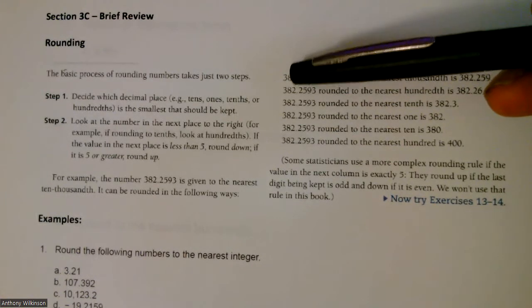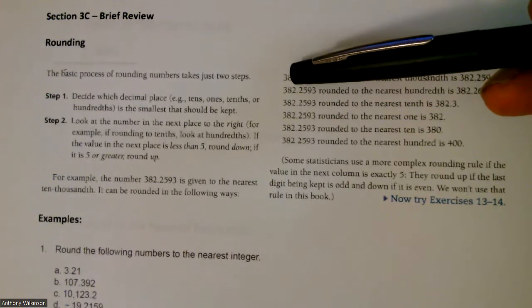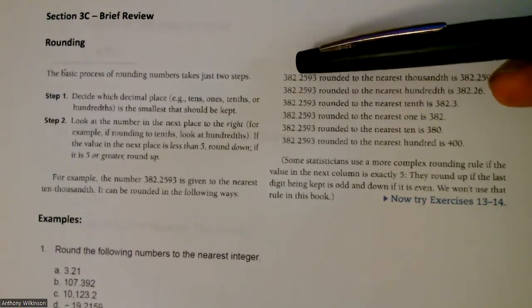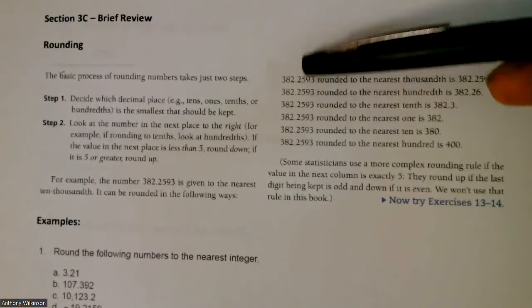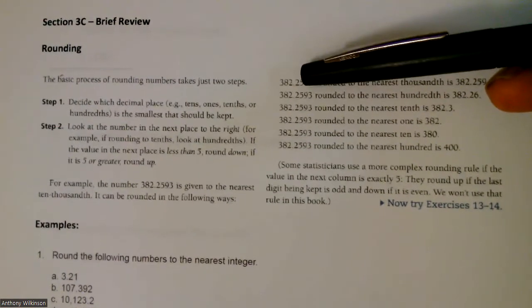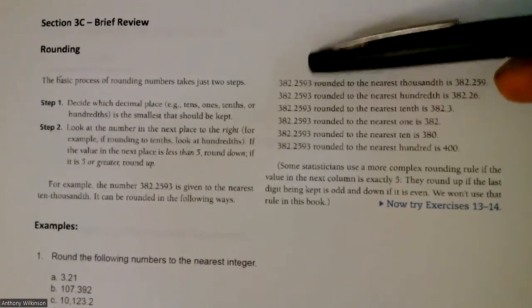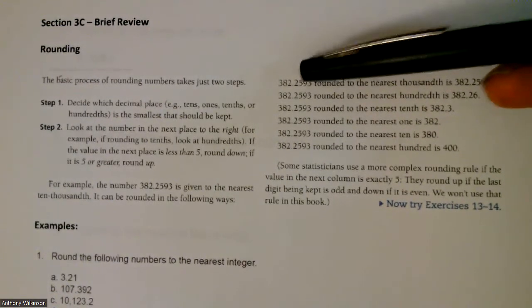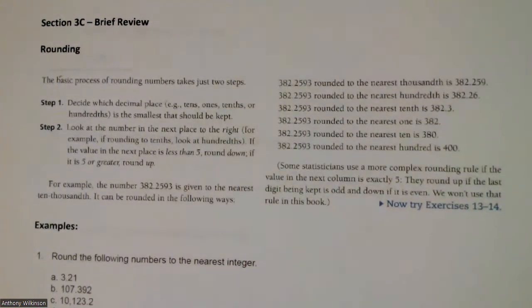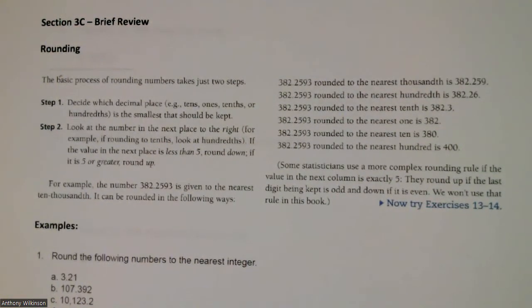So in this case here, there's a decimal point after the first 2. So this 2 is in the tenths, then the hundredths and the thousandths. The 9 is in the thousandths place. The number to the right of that is 3. And that 3 is less than 5, so the 9 remains the same, and we drop those numbers behind it.